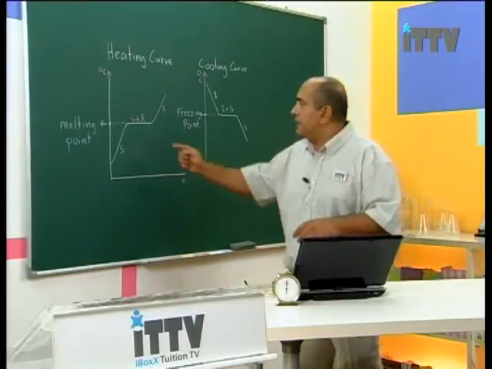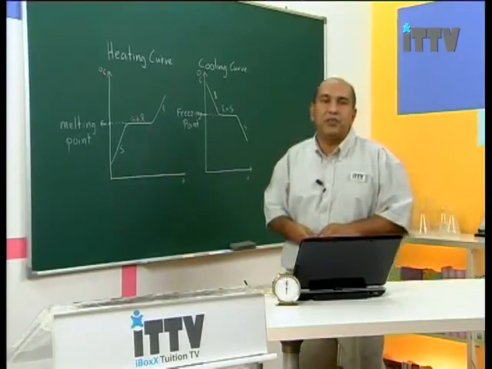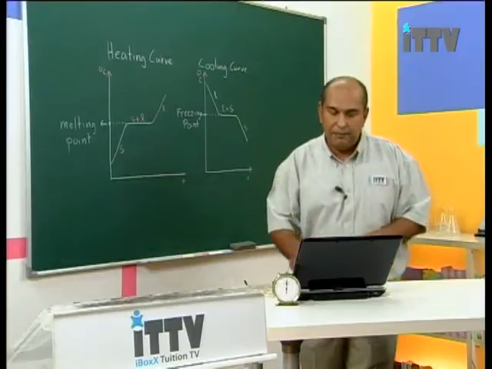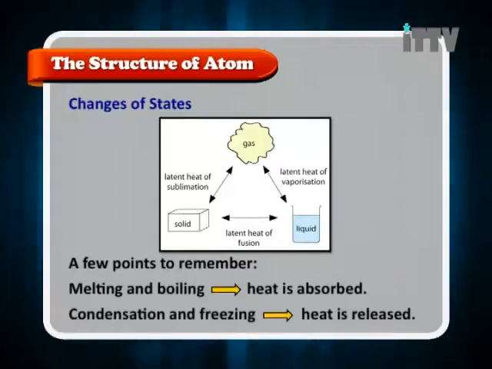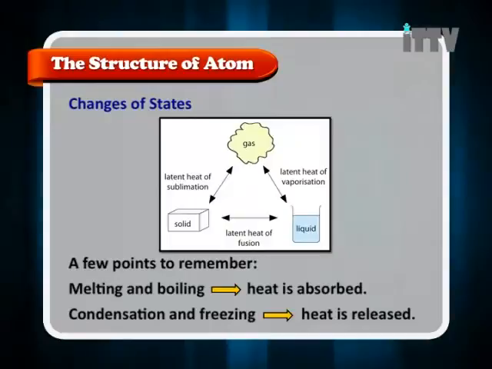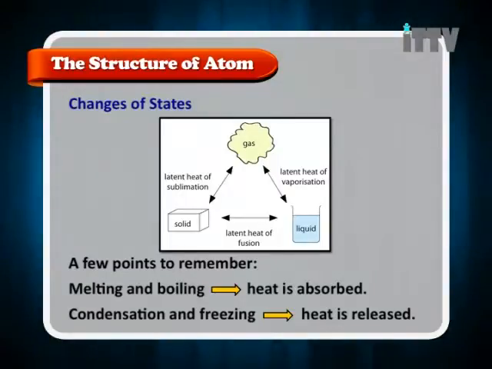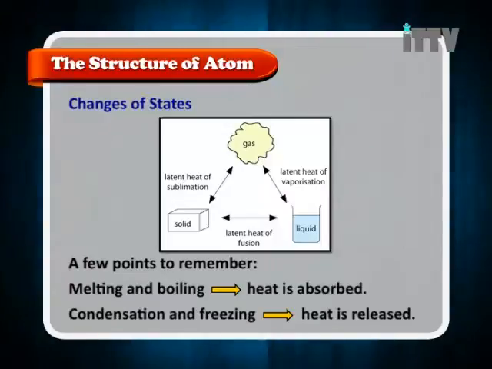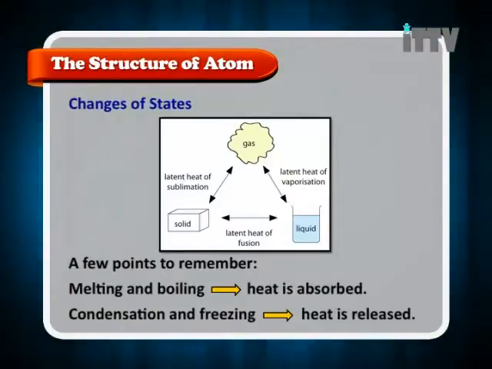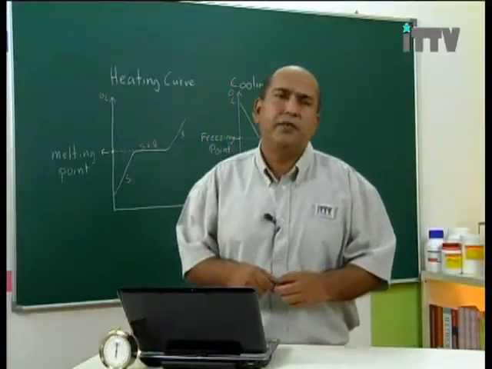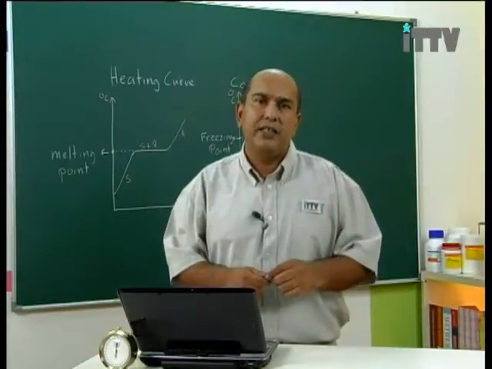And we can plot these graphs based on the information we collected when we were in the lab. A few points to remember. Melting and boiling, heat is absorbed. Condensation and freezing, heat is released. Now here we are really looking at some core basic material back to our kinetic energy.